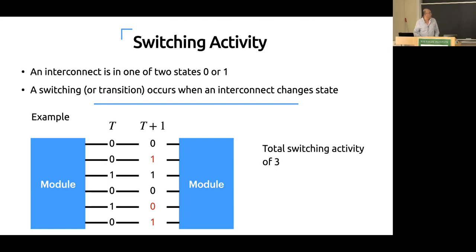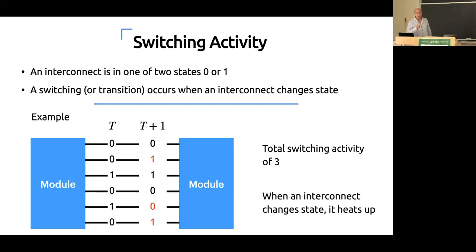So there's a total of 3 transitions here, shown by the numbers in red. From time t to time t plus 1, there are 3 transitions. So there's a total switching activity of 3 on the bus.